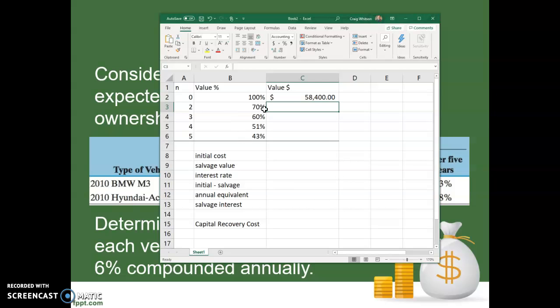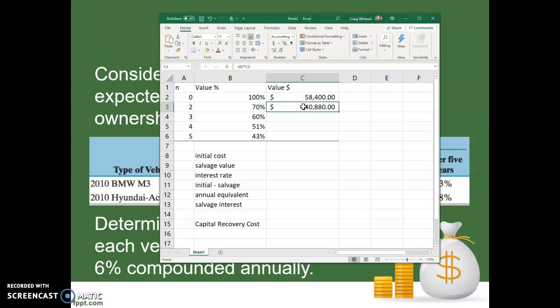At the end of year 2, it's going to be worth 70% of that original value. So I'll use Excel to calculate that for me. I'll write a formula that is equal to 70% times the 58,400. Except I want to be able to copy this down, and these percentages are percentages of the original value. They're not percentages of the previous year's value.